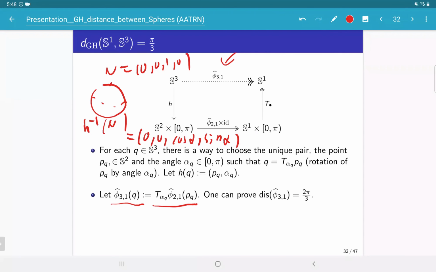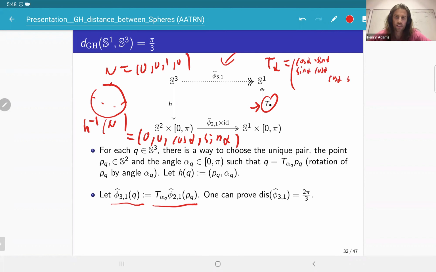So maybe it's better to write it down. The one we are using as a rotation by angle, which is T sub alpha, is just this matrix with cosine alpha, sine alpha, sine alpha, cosine alpha, and the same. I see.